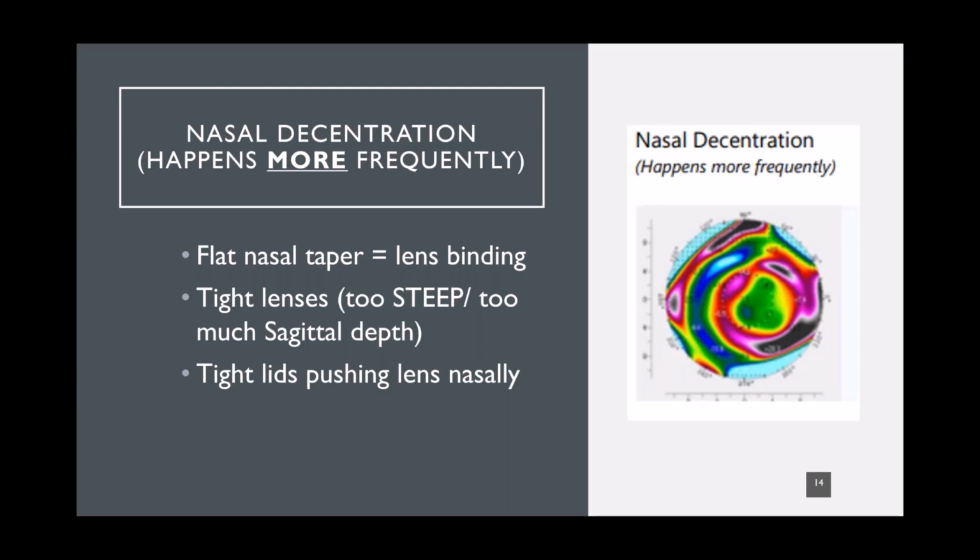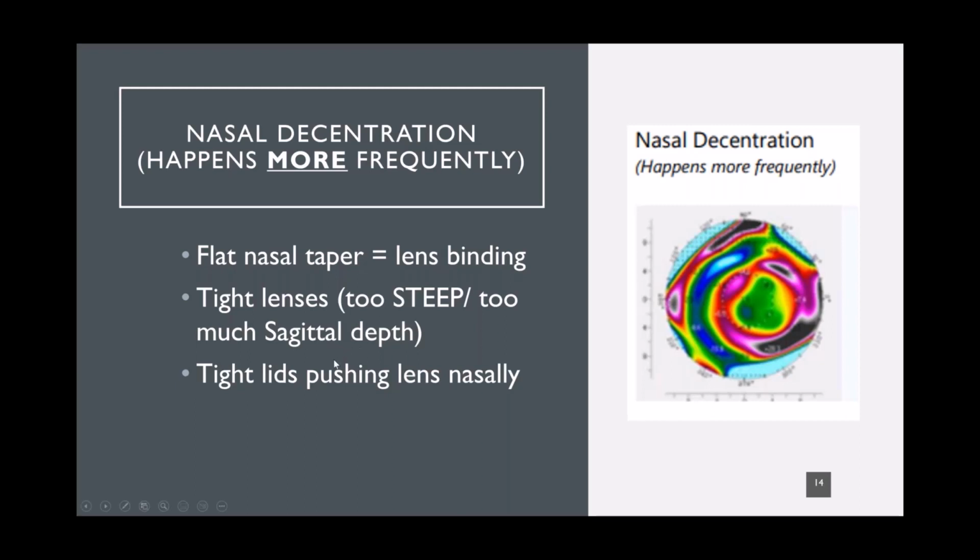And so what ends up happening is you end up having a lens that's fitting kind of tight in that region, which is causing a little bit of lens binding off center. And so that lens just really doesn't want to center up properly. And so a good way to try to fix this is to flatten that lens because it is too steep. And so you would do that again by decreasing that sagittal depth.